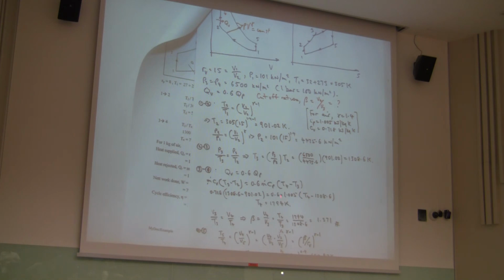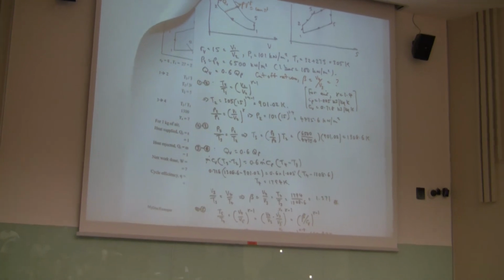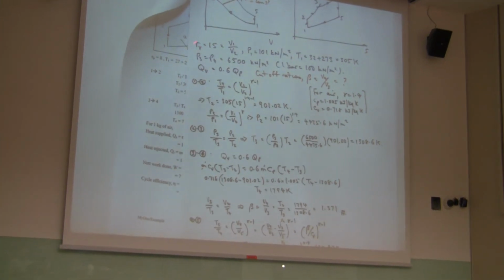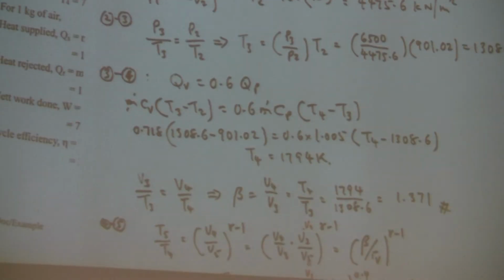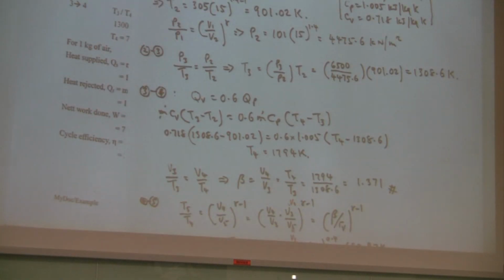Now when it comes to here, comparing with the cut-off ratio, it's tricky, so I think I will leave this for you to go back and read. First, you have a definition of your cut-off ratio. Just like we have the compression ratio, because this describes the engine. The moment you have an engine like that, remember you have stroke, bore, and then you have compression ratio, and then you have cut-off ratio.